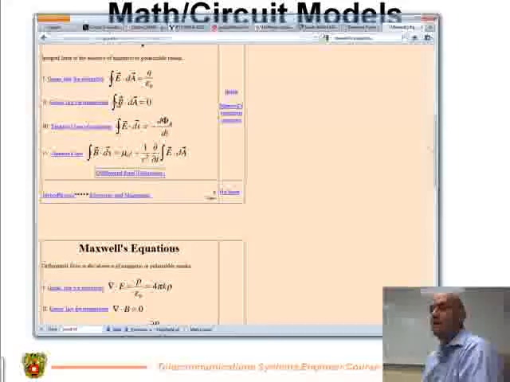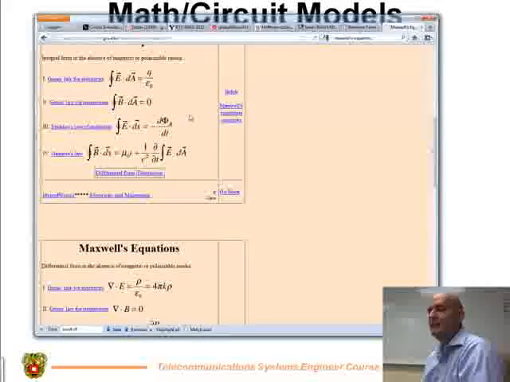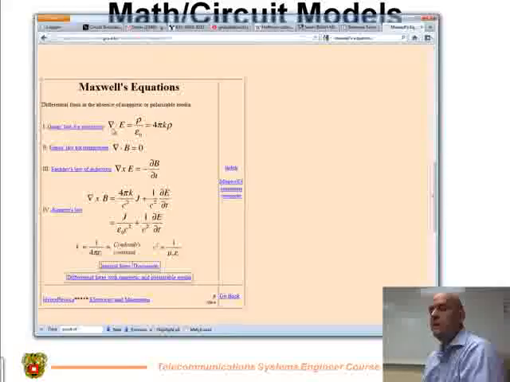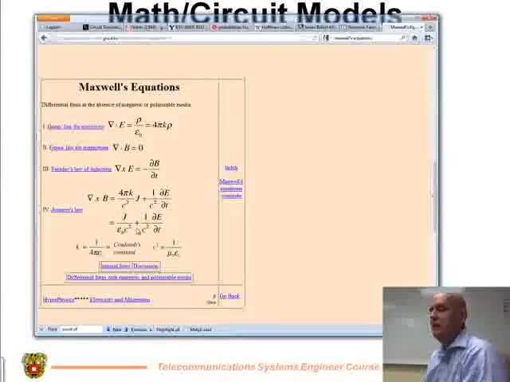Gauss's law. Let's just go straight to Maxwell's regular equations. Okay, what is this thing? Anybody know? It's an upside down delta, delta standing on its head, dot E equals rho over epsilon naught equals 4 pi k rho. All right, you can go through all of this and figure this out.